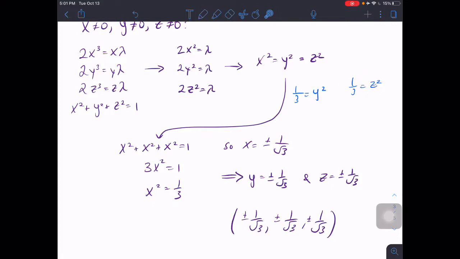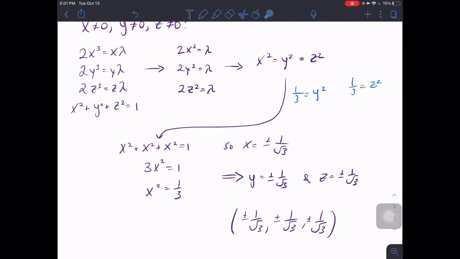And so z will be equal to plus or minus 1 over root 3. And so then you'll be able to get all these possible points as critical points in any type of combination of plus or minus, plus or minus. So this is another set of points that we need to consider when you're going to evaluate your function to find absolute max or absolute min.